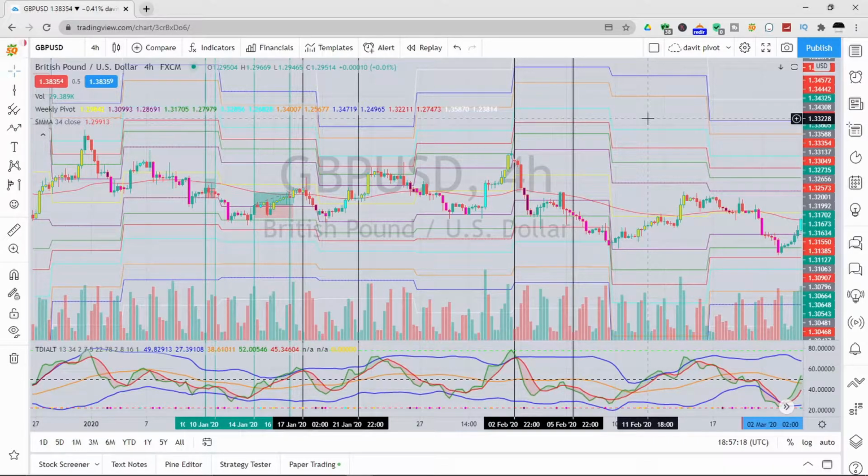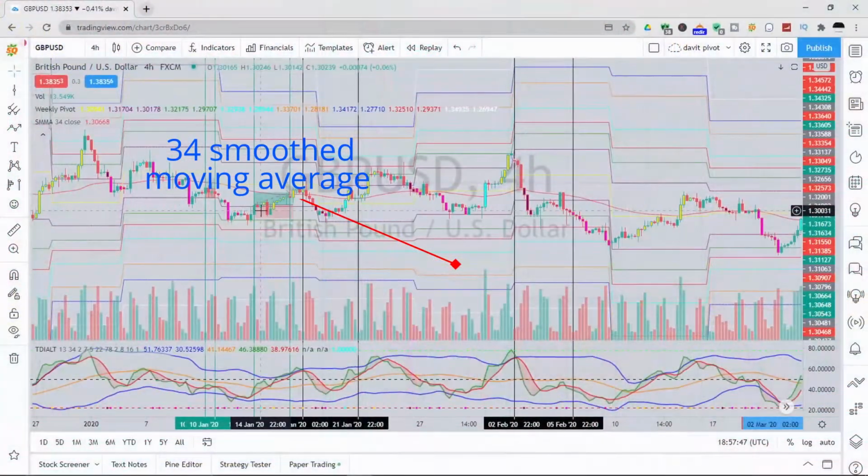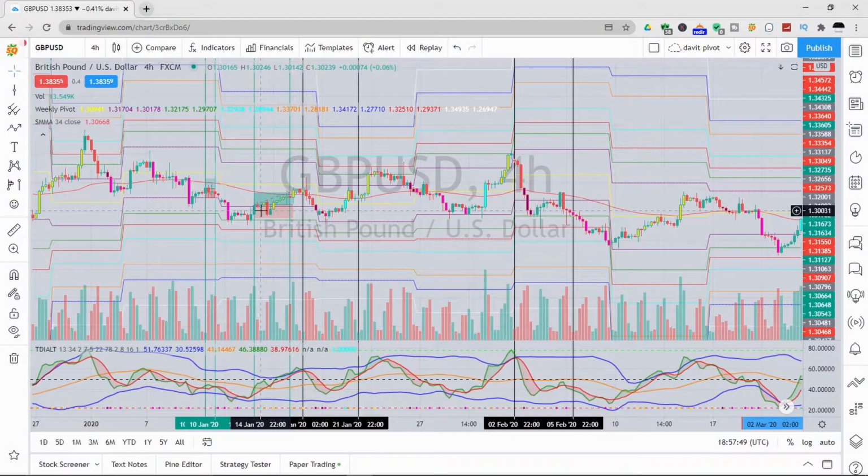I placed a 1-to-1 risk reward. He is most likely doing something different, but just for the sake of testing out the strategy, I put a 1-to-1, and I made it a mean reversion type of strategy, going back into the 34 smooth moving average.